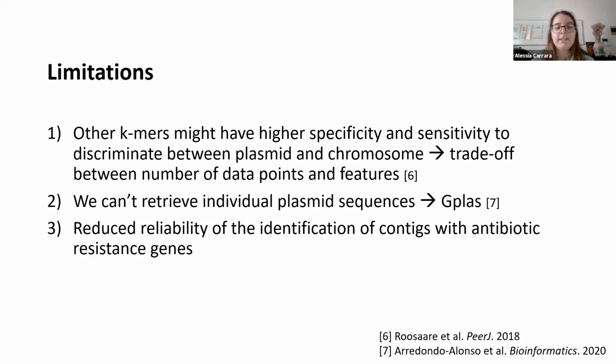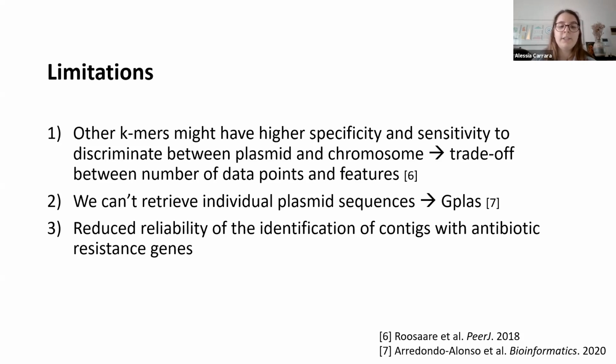The other is that, as stressed before, we can't retrieve individual plasmid sequences, but just whether a contig comes from a plasmid collection or from a chromosome sequence. To solve this problem, we could use gplas, the tool that Sergio Redondo Alonso developed.